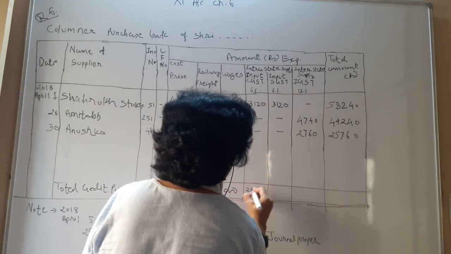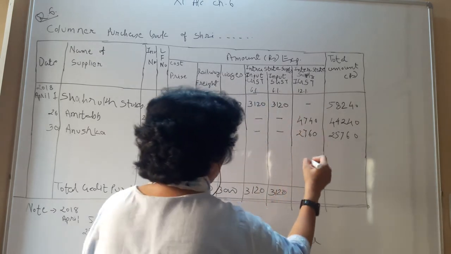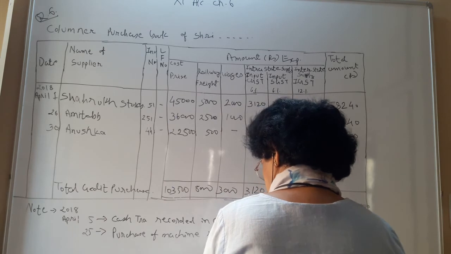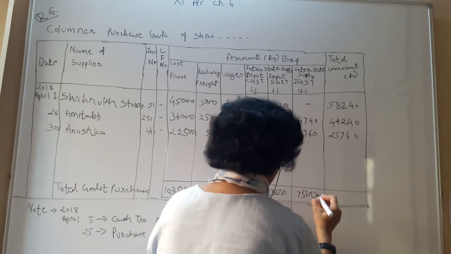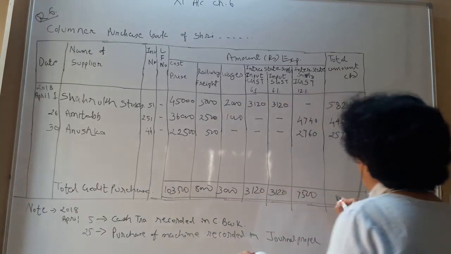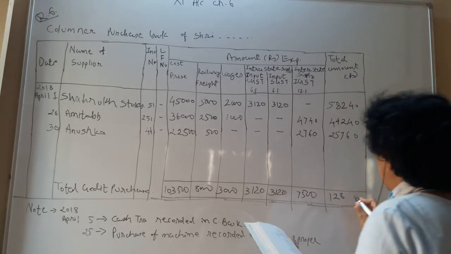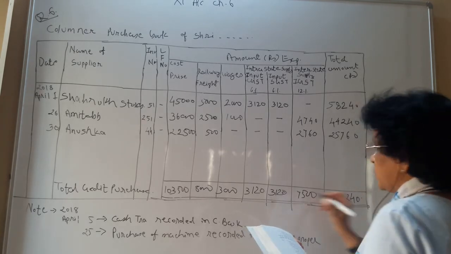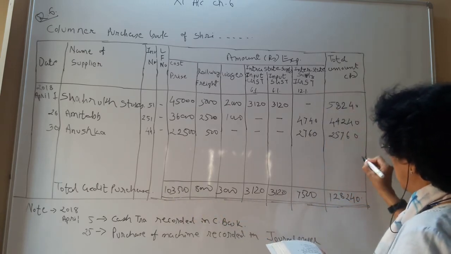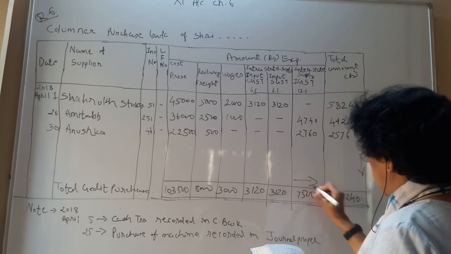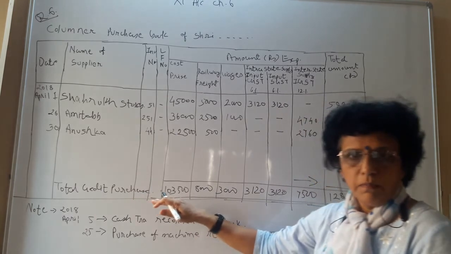Then 3,120. Then here it comes 7,500. And the final total is 1,28,240. So our horizontal total and vertical total have to tally. So this is the total credit purchase for the month.